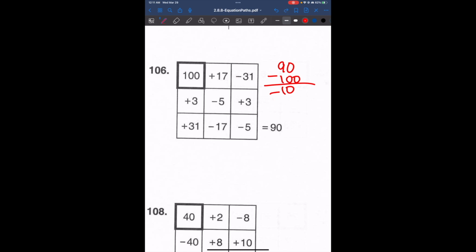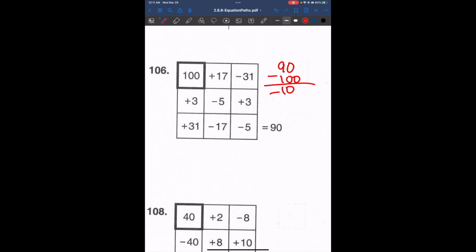And so we'll look for negative numbers like negative 5, negative 17, negative 31. So we know that some negative numbers have to be involved because what we want to get is negative 10. Well, from the path, the sum of all the numbers involved in the path must be negative 10.